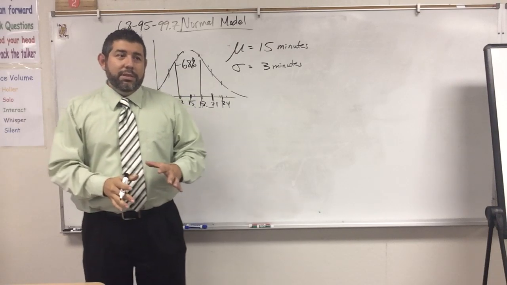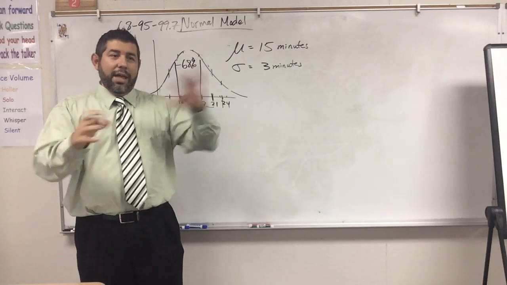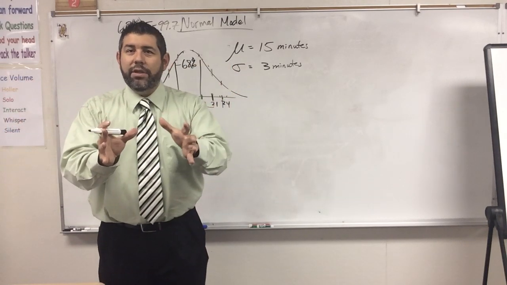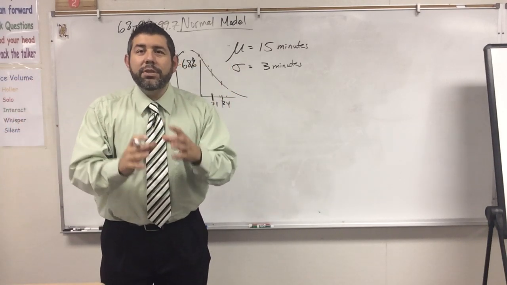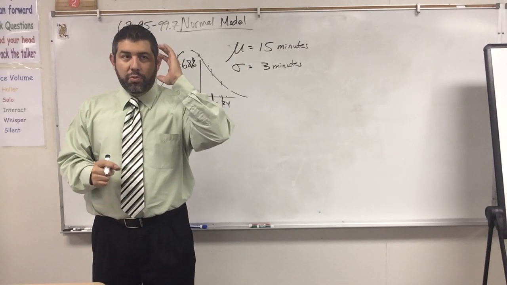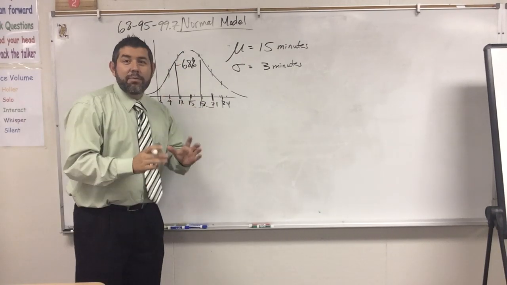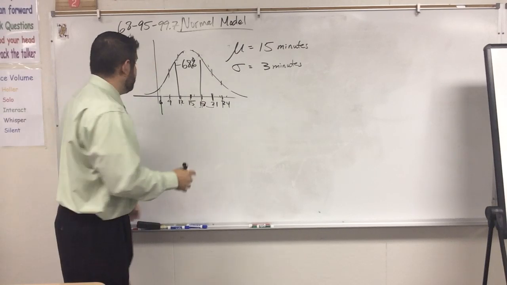That means if we were to gather all the people that are watching cat videos, 68% of those people are going to be watching between 12 minutes and 18 minutes of cat videos.